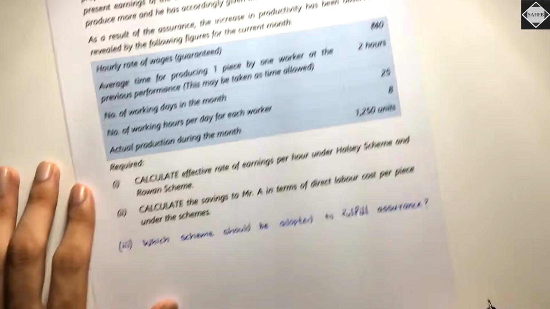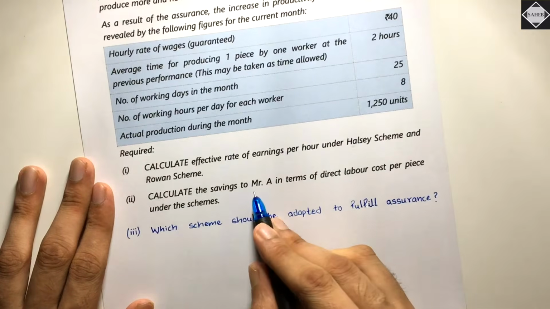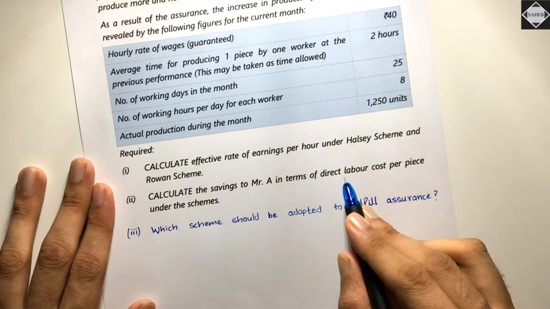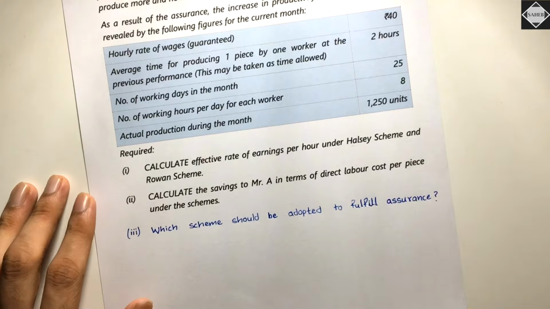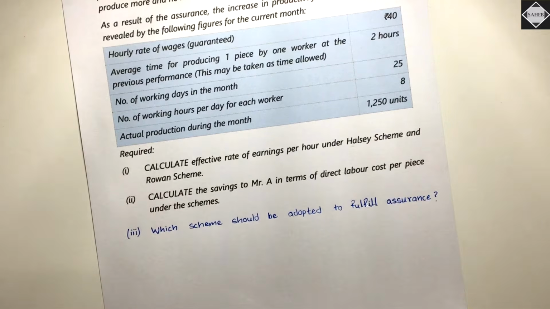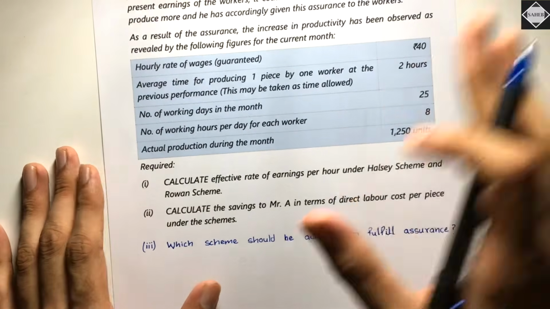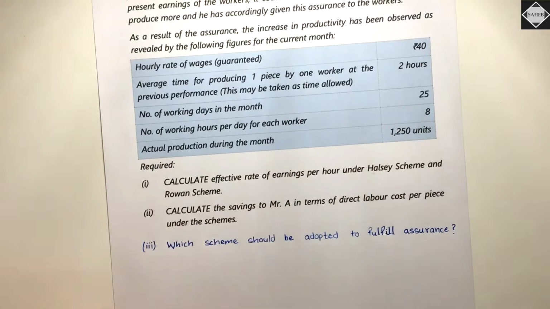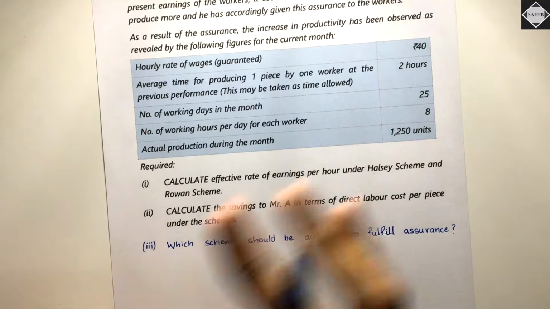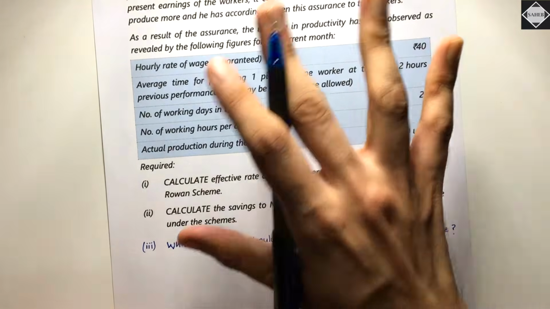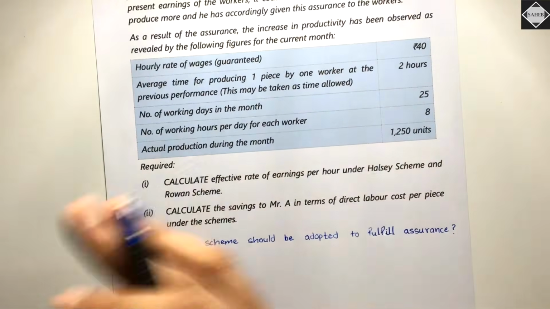The second requirement is to calculate the savings to Mr. A in terms of direct labor cost per piece under the schemes. So how do you calculate savings? It's really simple. Let me give you an example from your house. Say you have a faulty motor in your well, and your electricity bill is coming 5,000 every time for 6 months.